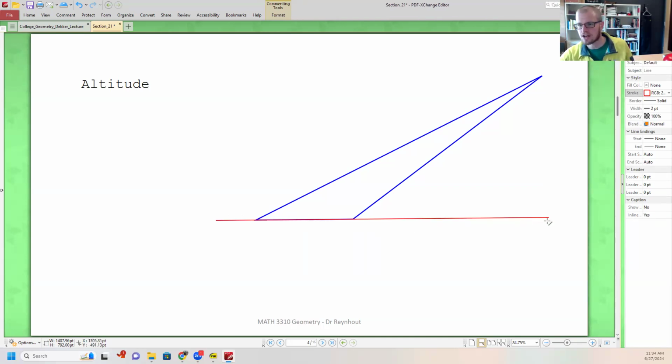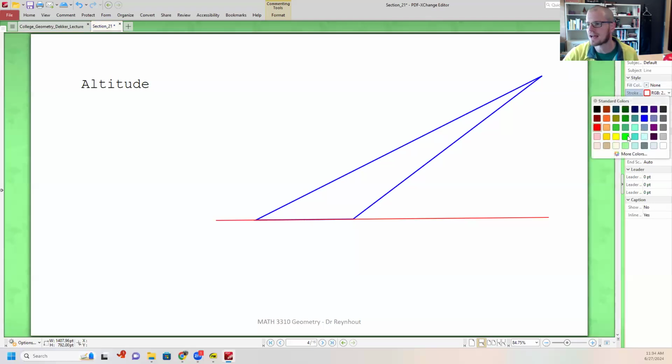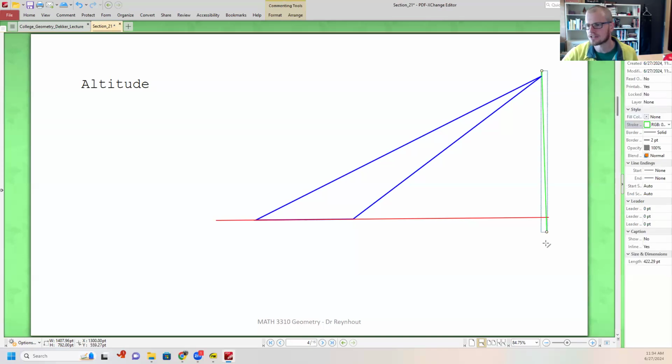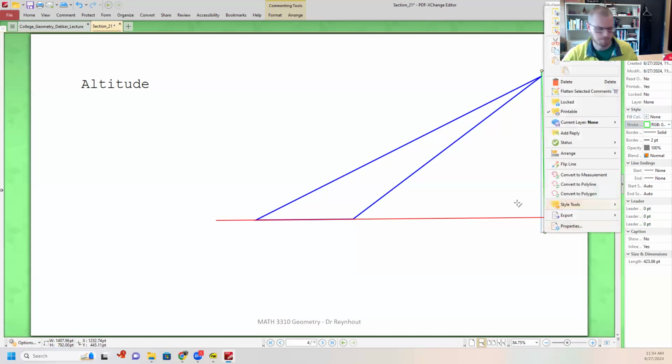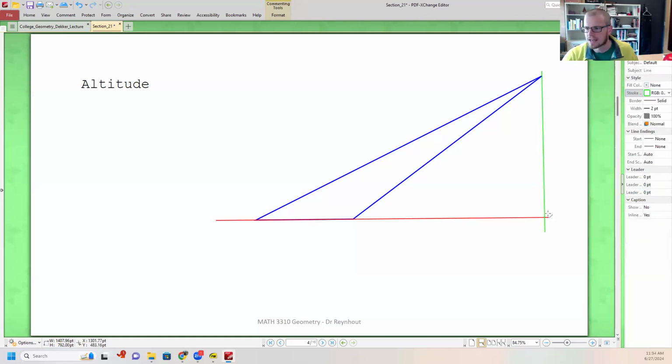So I have an extension of this line, and now what I can do is think of adding that line that passes through the corner and is perpendicular. And that's a little bit easier to see now. So, approximately that. Green line is perpendicular to the red line. Red line is an extension of this side. So this is our altitude for this side and this corner.